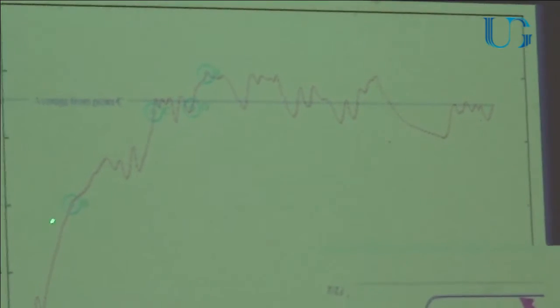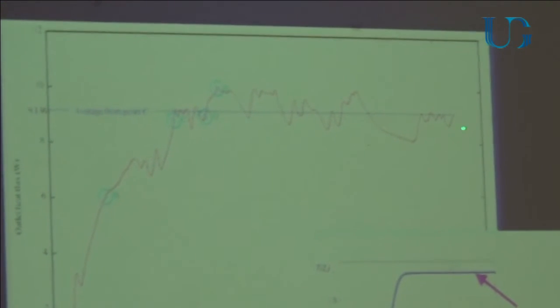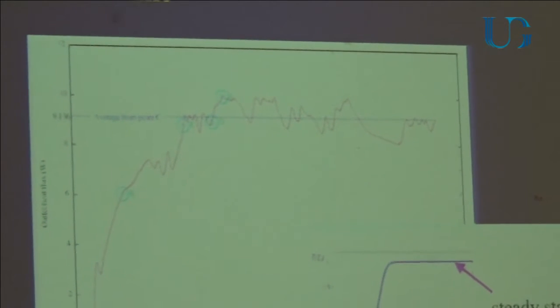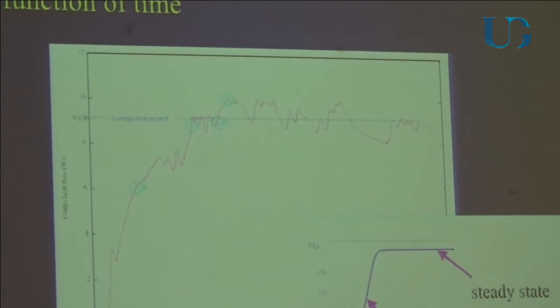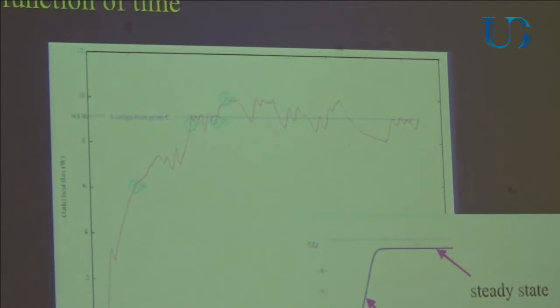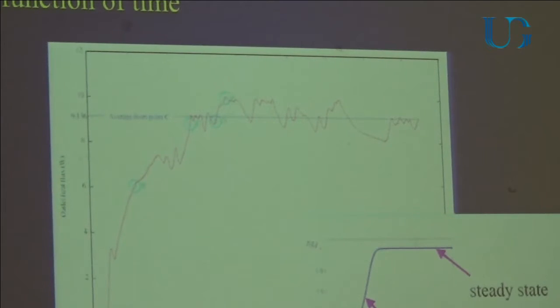But then it goes up and reaches something that looks like a steady state, although it is not exactly a steady state. And why is it not? Mostly because we have the natural convective flow that is moving the fluid around inside.